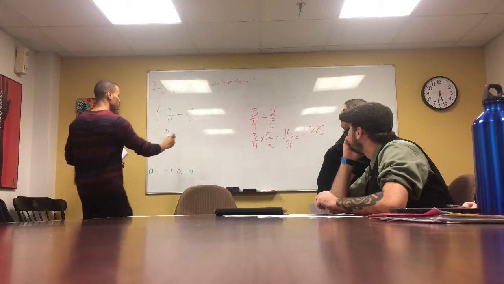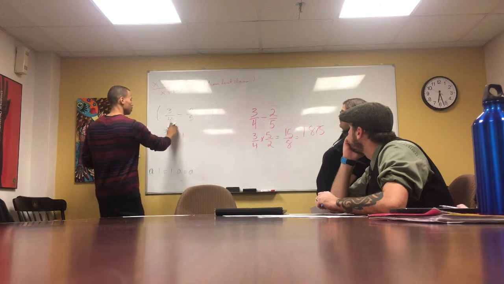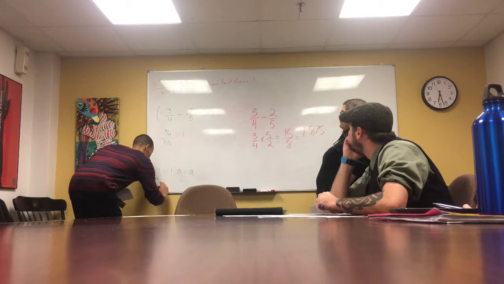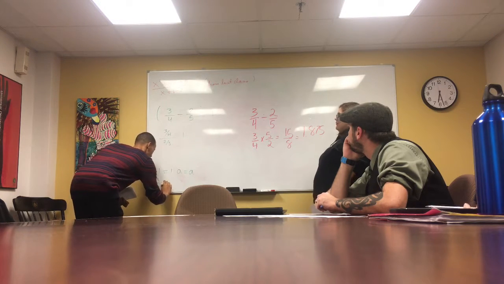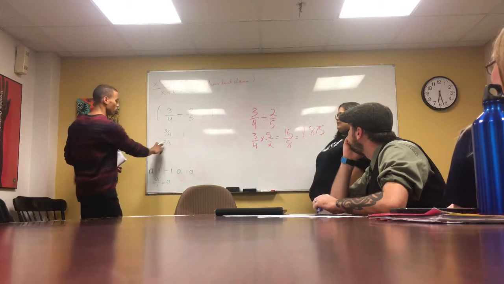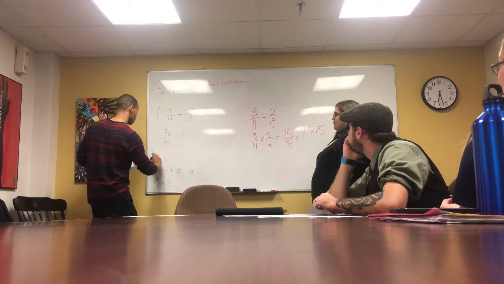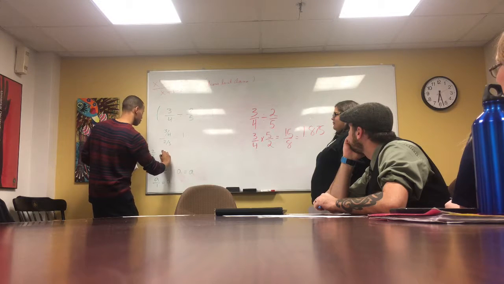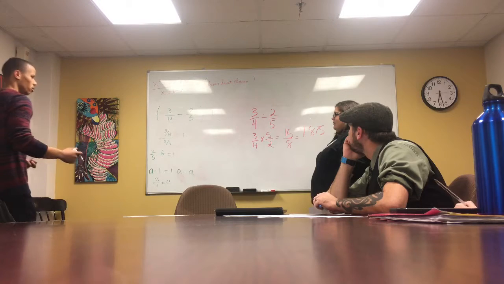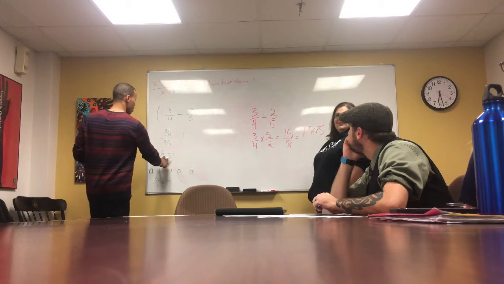Since you know that anything multiplied by 1 gives you the same thing, anything divided by 1 gives you the same thing, right? So what you want to do, you want to make this 2/5 times a number that will give you 1. This is what we call the multiplicative inverse, where this will give you 1.